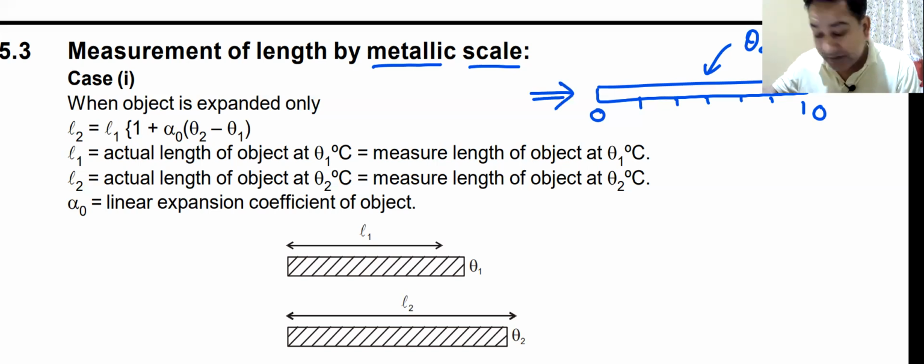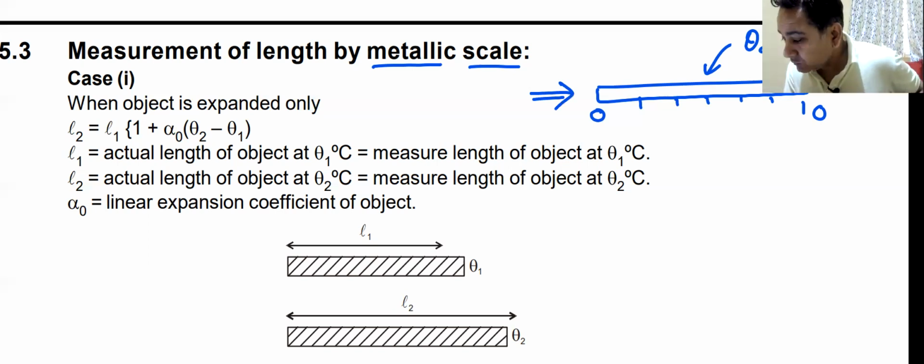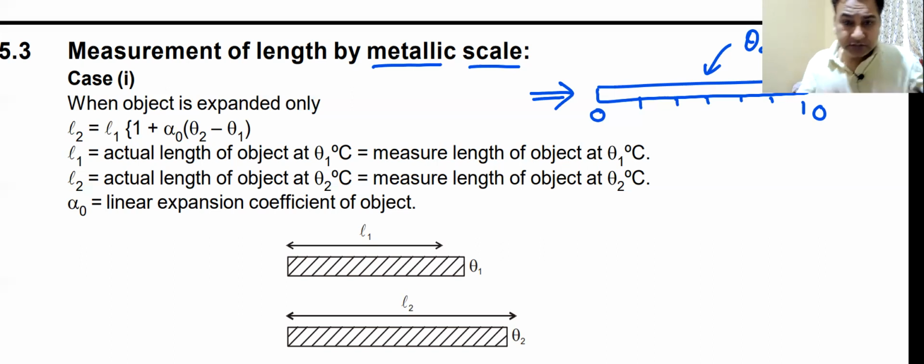If it is made up of metal specifically, it will expand more when the temperature increases. Now, what will happen if it expands? Will it read less or will it read more? It will read less because the spacing between 1 mm will increase.